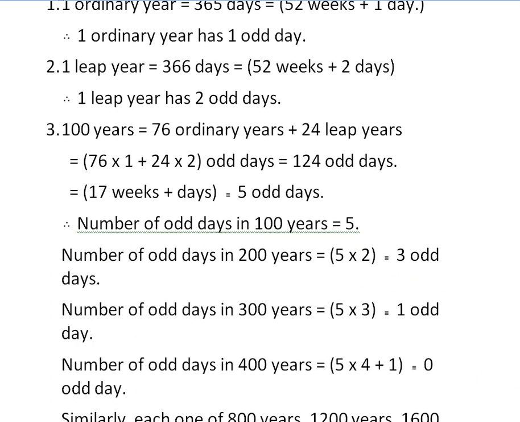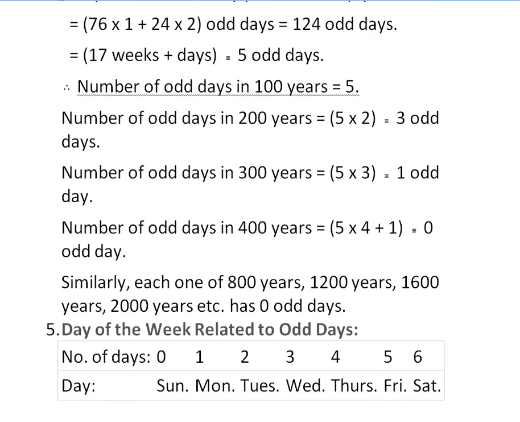Number of odd days in 300 years, 5 into 3. Number of odd days in 400 years, 5 into 4 plus 1. Why plus 1? Because after every 4th year a leap year comes. That will equal 0 odd days. Similarly, each one of 800 years, 1200 years or 1600 years has 0 odd days.